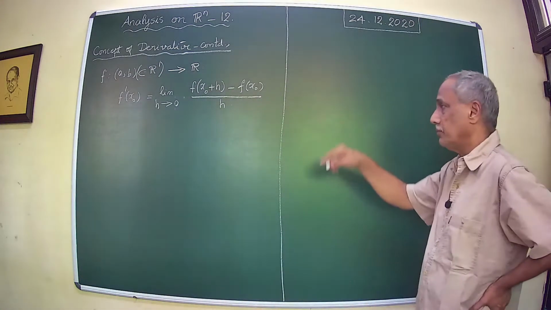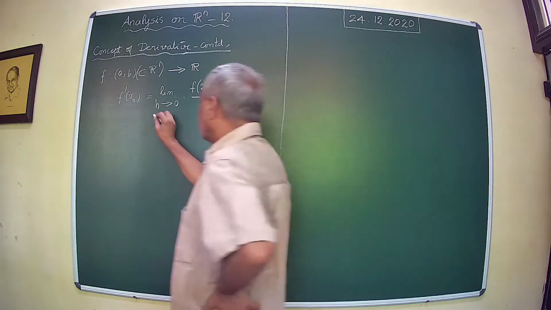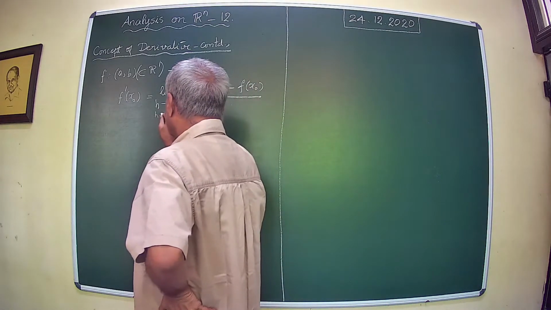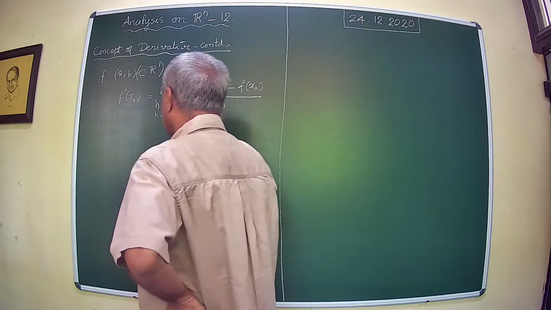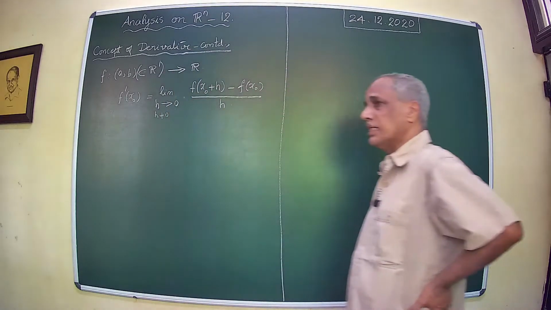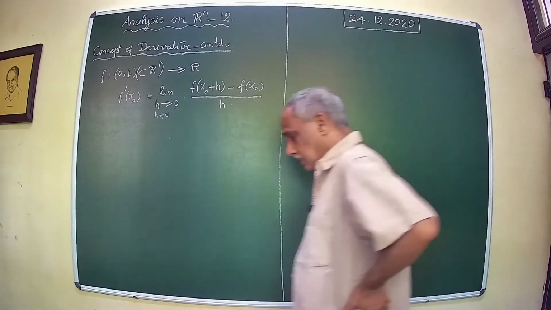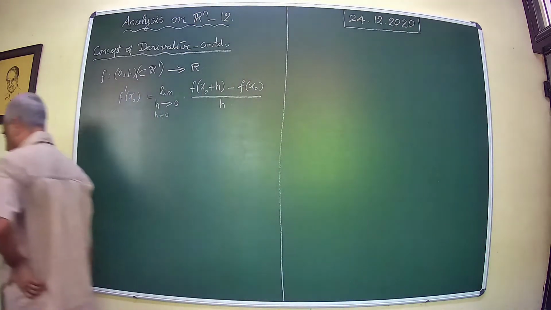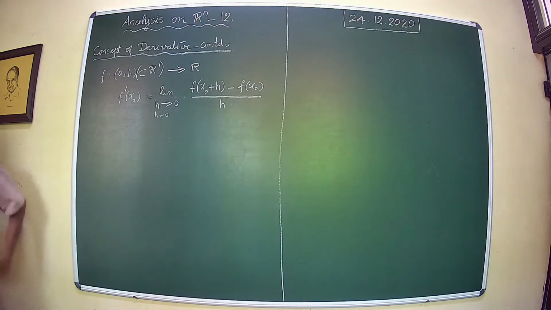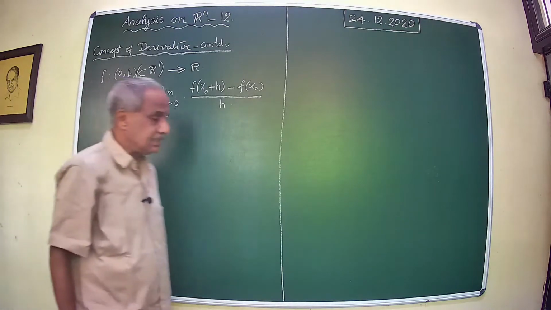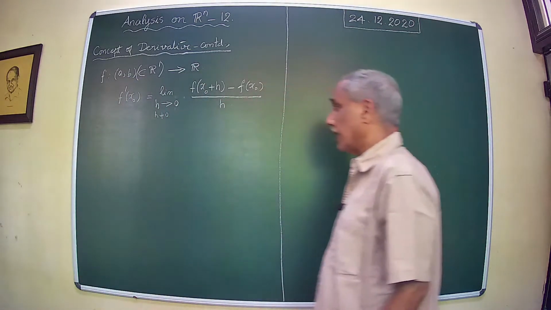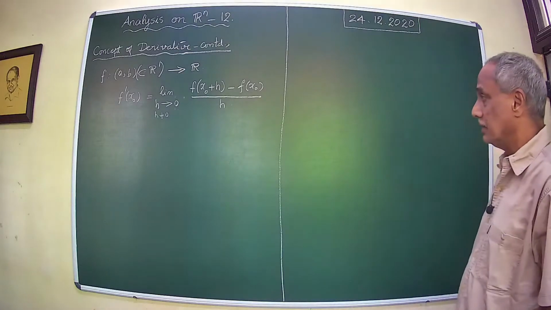This ratio is well defined, where we have h not equal to 0. But the question is whether the limit exists or not. And we found that if the limit exists, then this is called the derivative of f at x naught, and it is denoted by f prime of x naught.